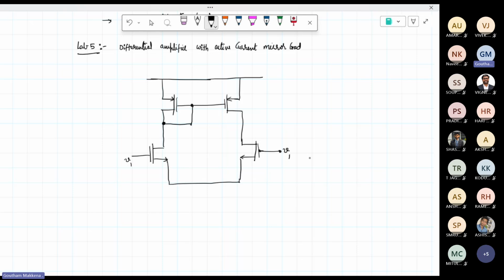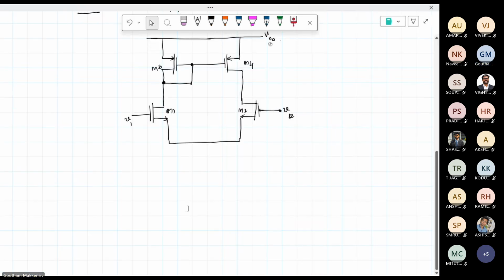This is V1, V2, M1, M2, M3, M4. This is my VDD. And this is a current source. What is a current source again? What is the current source replaced with? What will we have here?